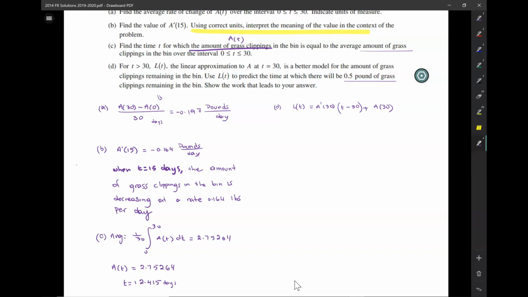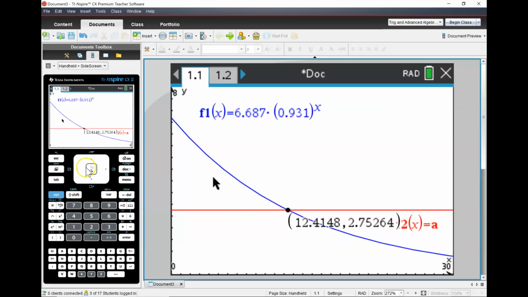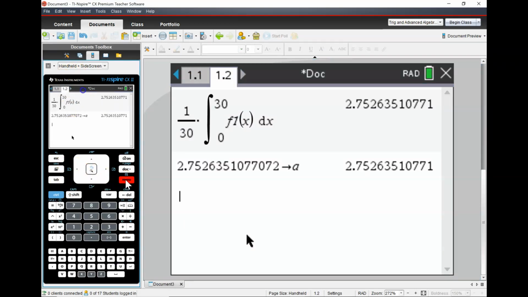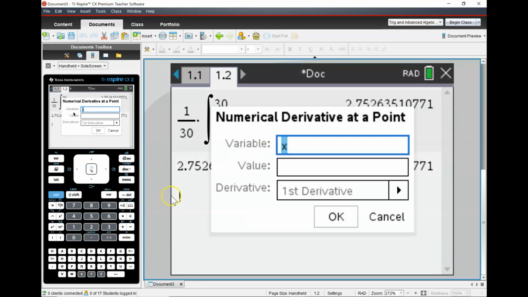Now, A prime of 30, if I haven't found it yet, I can go into my calculator and use numerical derivative at a point.